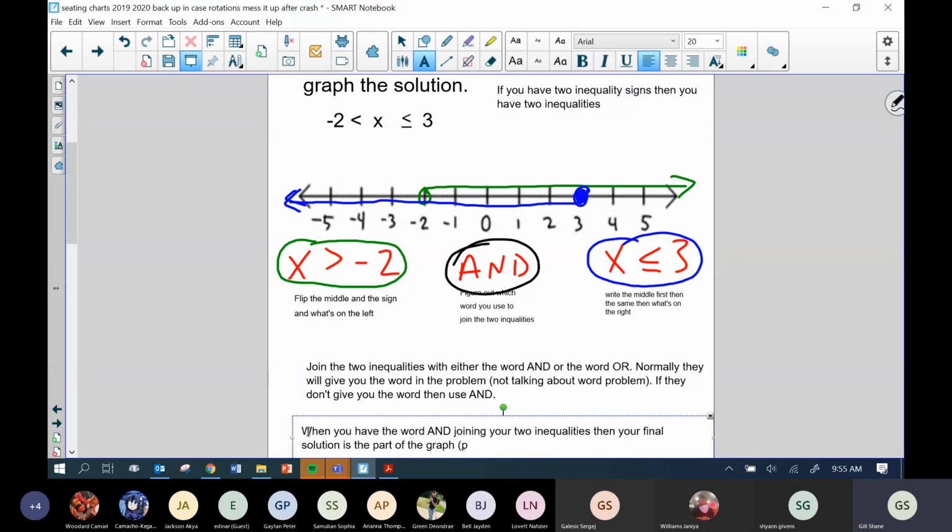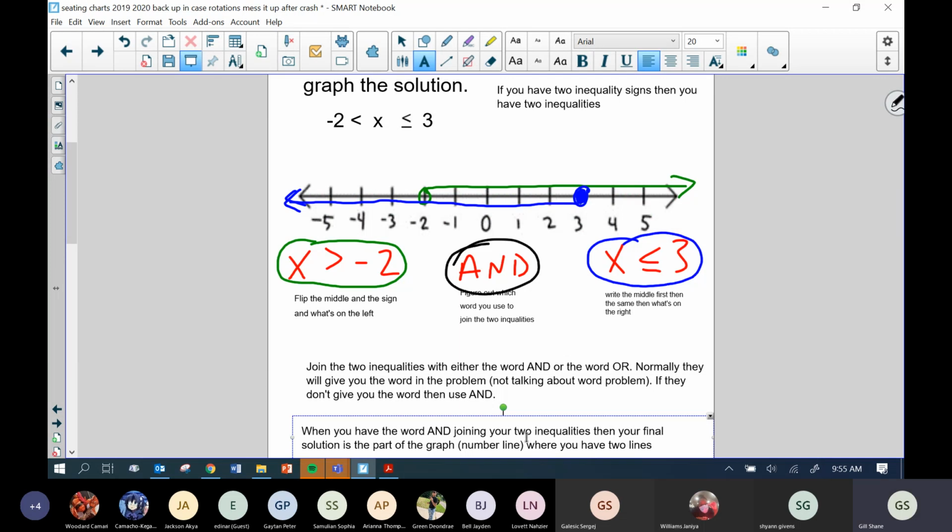So I'm going to say graph, and then in parentheses, I'm going to put number line. If you put something in parentheses like that, it just means they're the same thing. So it's the part of the graph or the number line where you have 2 lines or 2 shadings, which I'll explain in a second.